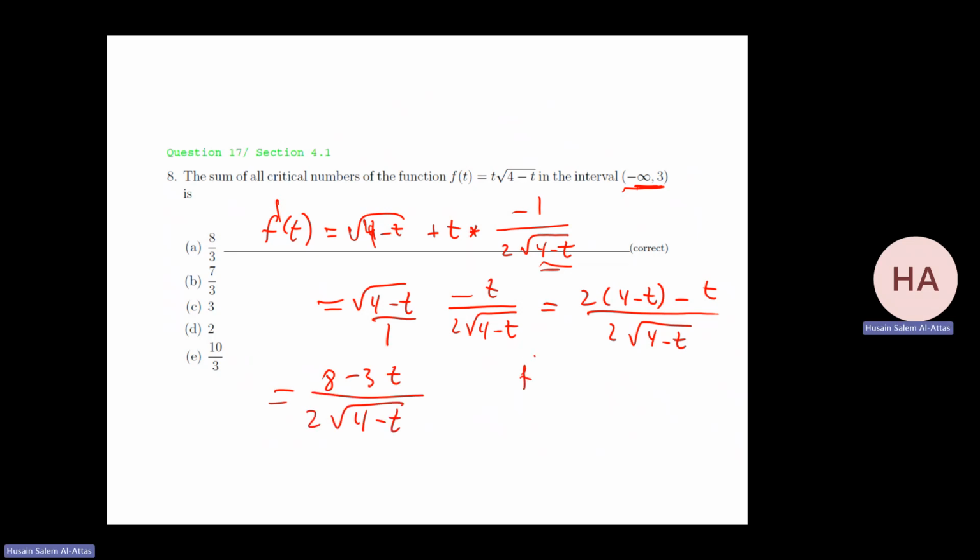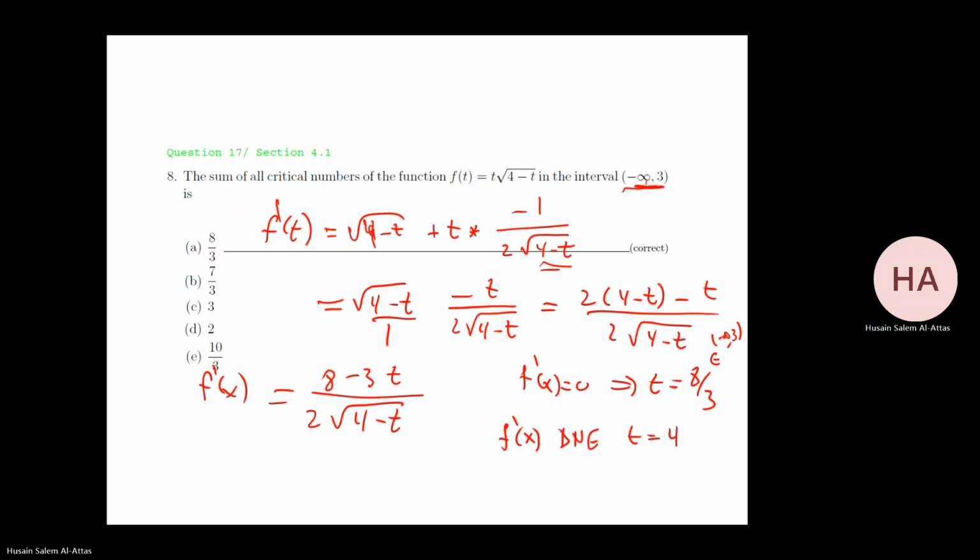So if this is f prime, then f prime equal to 0 means t equals 8 over 3. Is it in the domain of f? Yes, in this interval? Yes. Now f prime does not exist if t equals 4.